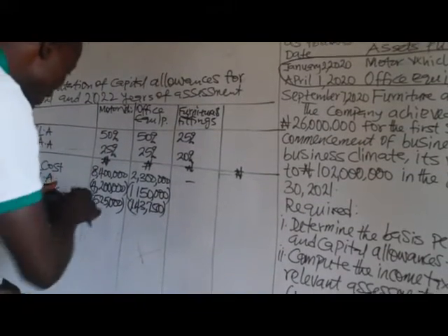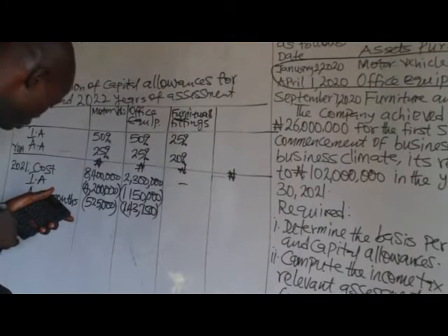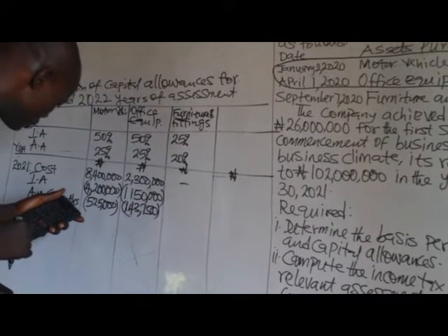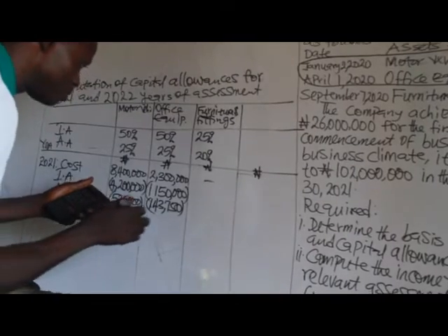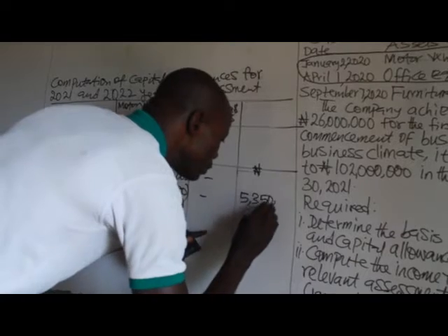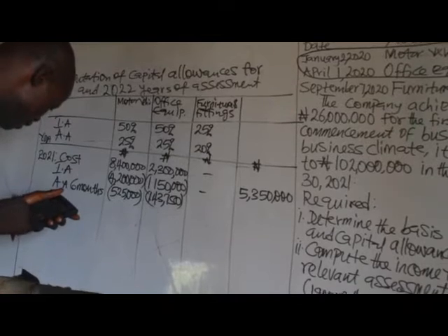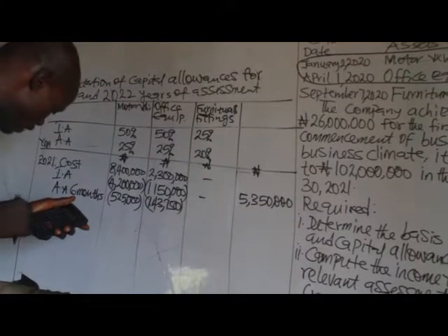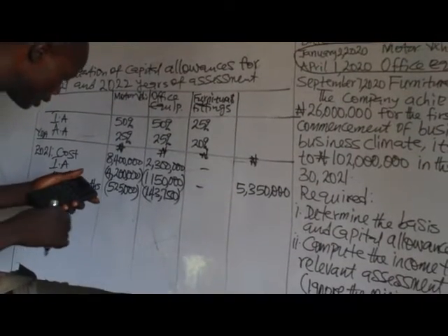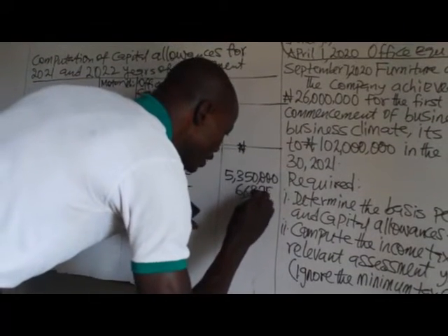So how much is the total initial allowance? 4.2 million plus 1,150,000. That gives us 5,350,000. Then annual allowance 525,000 plus 143,750, and that is totaled 668,750.